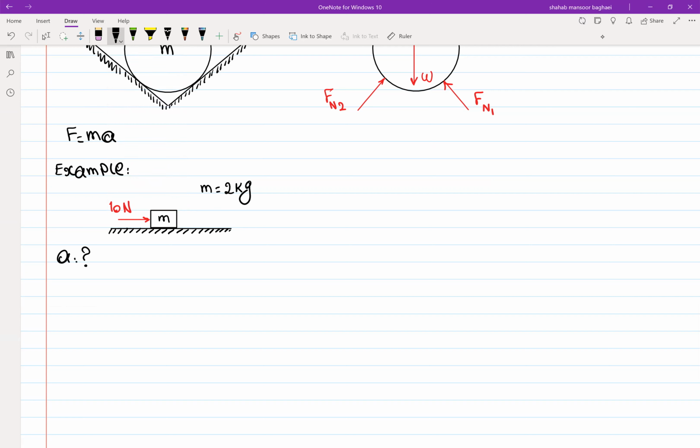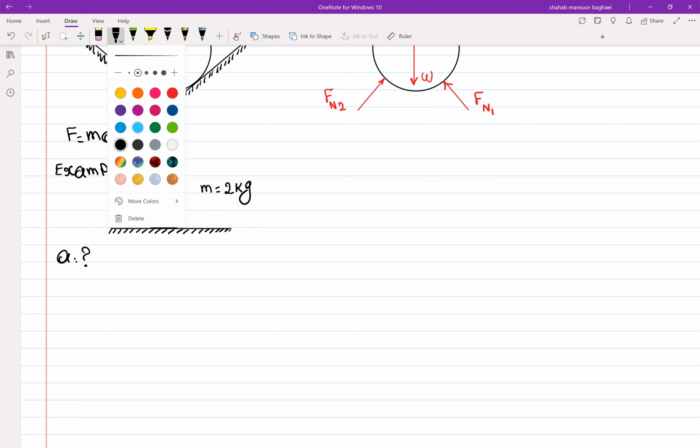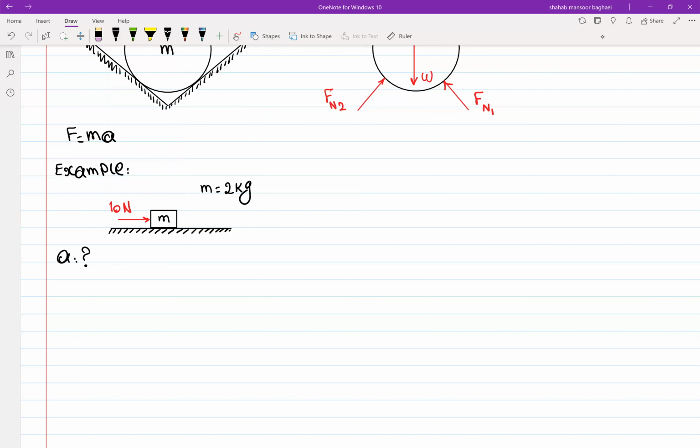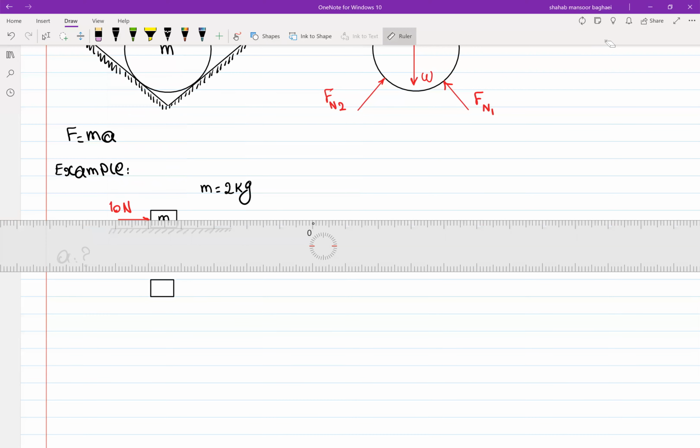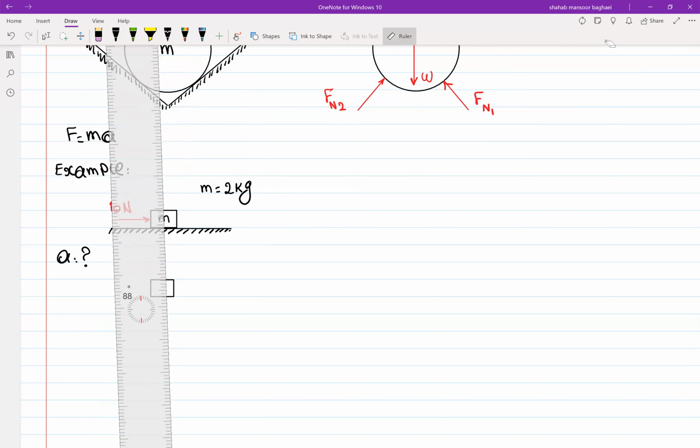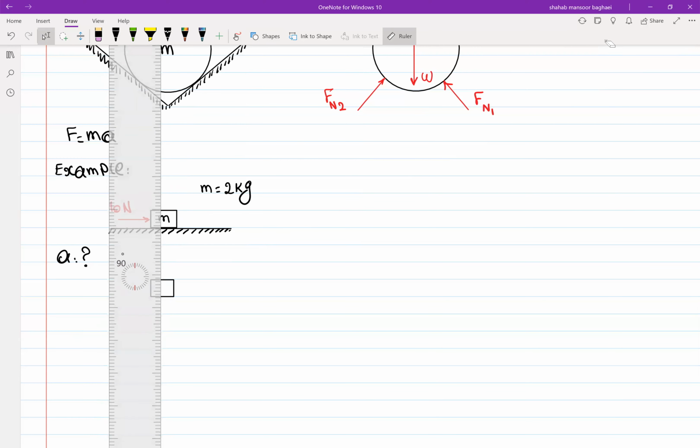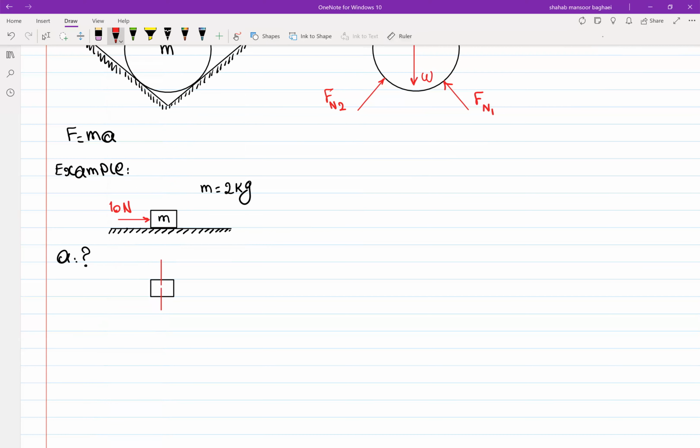Okay, at first you need free body diagram. Therefore, separate your block, and you know what to do. Weight force downward. The next one is reaction from the surface.